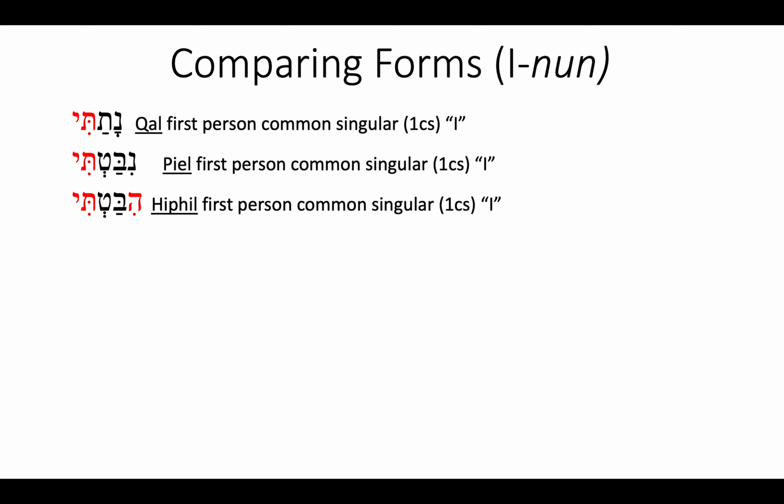So in hifil you have that hi beginning, so therefore the hi sort of knocks out the nun, overcomes it, it drops out of the language. So instead of hinbati, we just have hibati. And here the first nun has completely dropped away. So that's what we would expect to see.